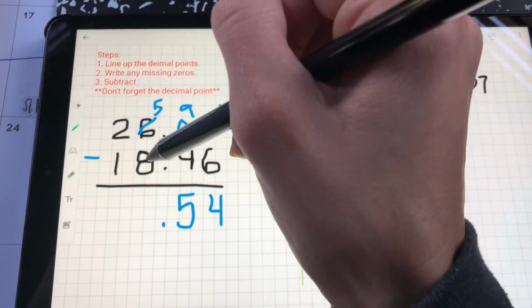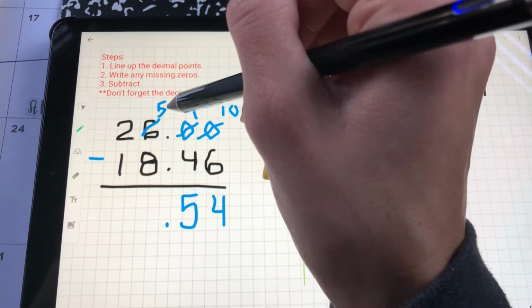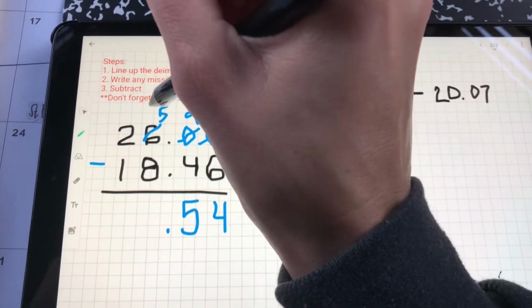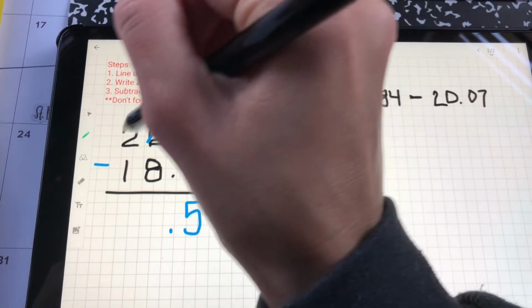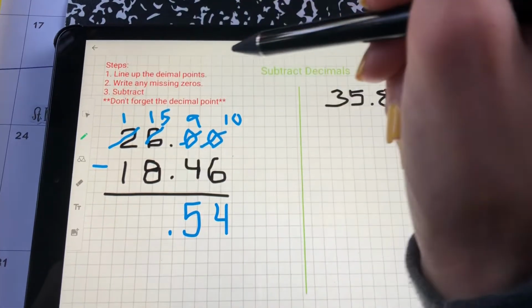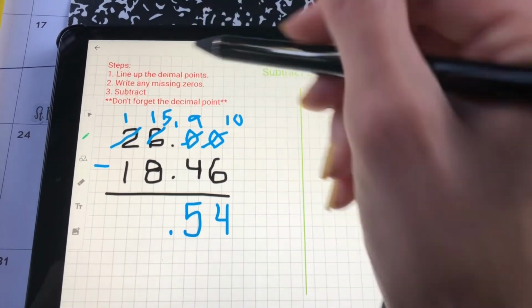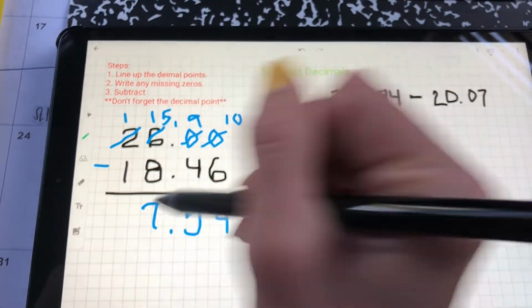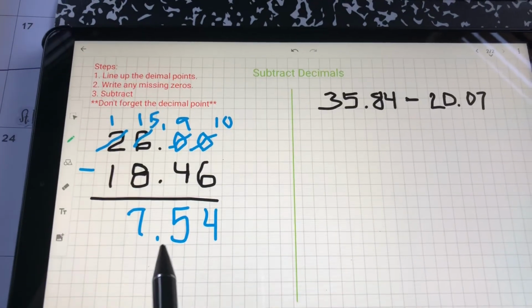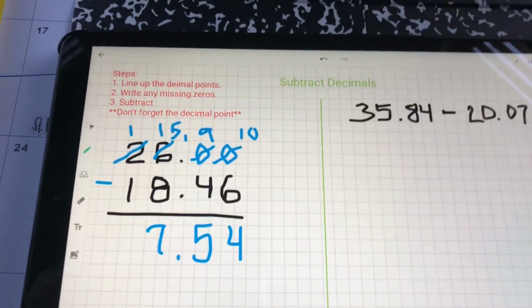Can we do 5 minus 8? Can we take 8 away from this 5? No. So we borrow. Becomes a 15. The 2 becomes a 1. 15 minus 8 is 7, 7, and 54 hundredths.